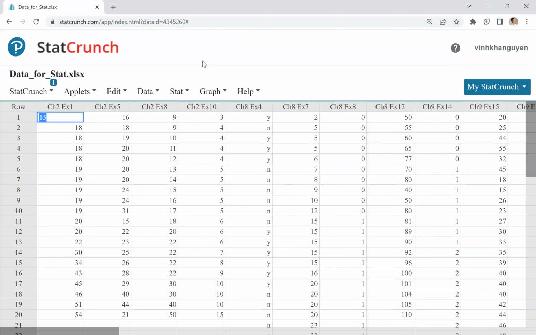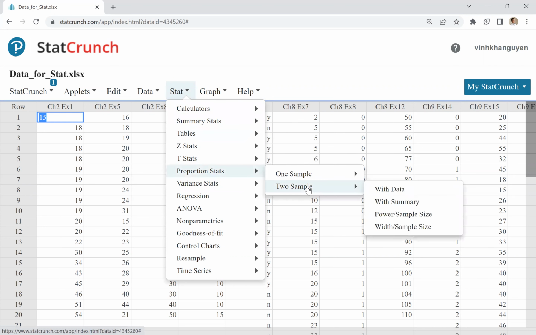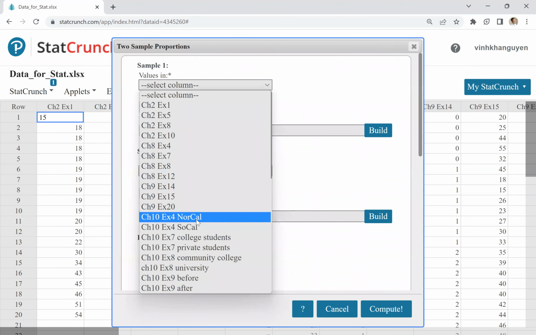In the second example, where we have raw data, we're going to use Proportion Stat, 2 Sample with data. Sample 1 comes from population 1. That is the population of NorCal workers. We're going to select the correct column here.